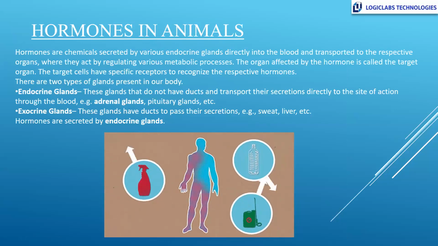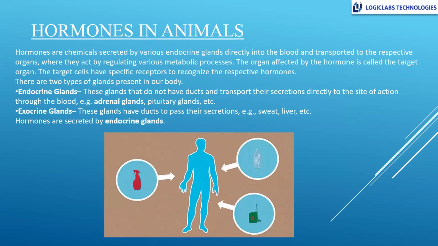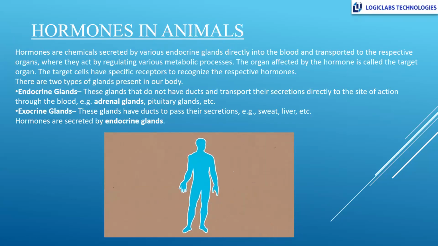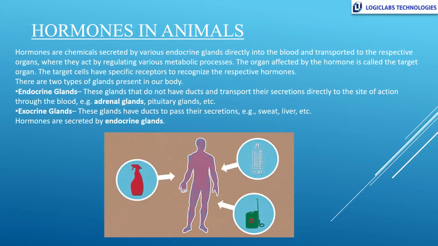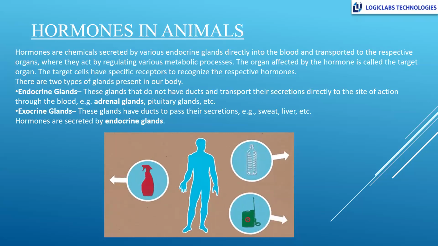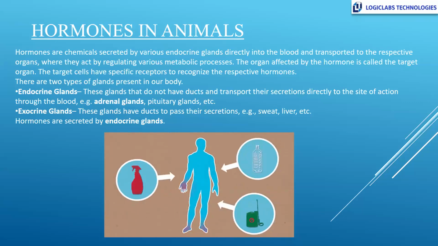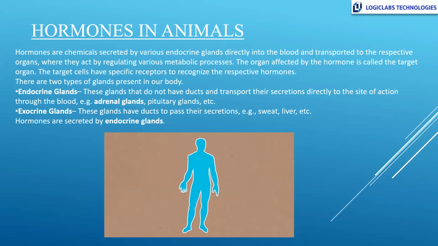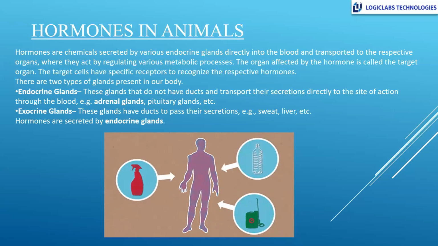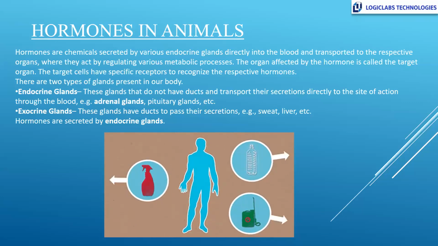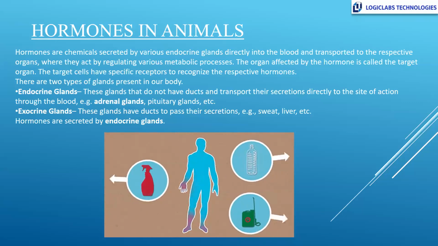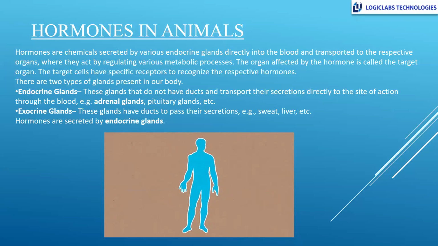The next one is hormones in animals. As we already discussed, hormones and muscles play a very major role for information to be transferred from one part to another. For example, take squirrels, which experience fear in a very scary situation.